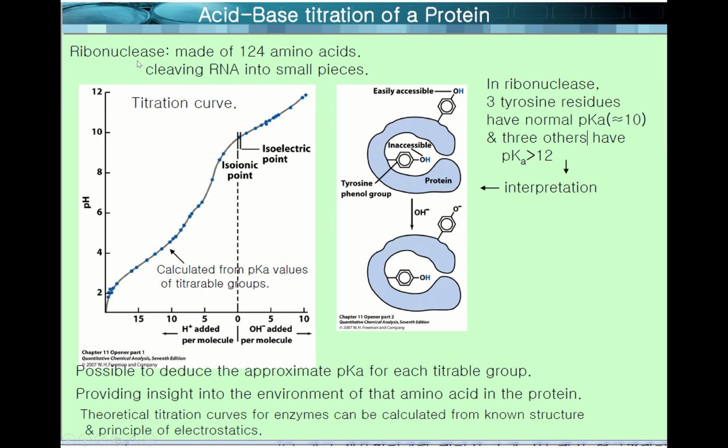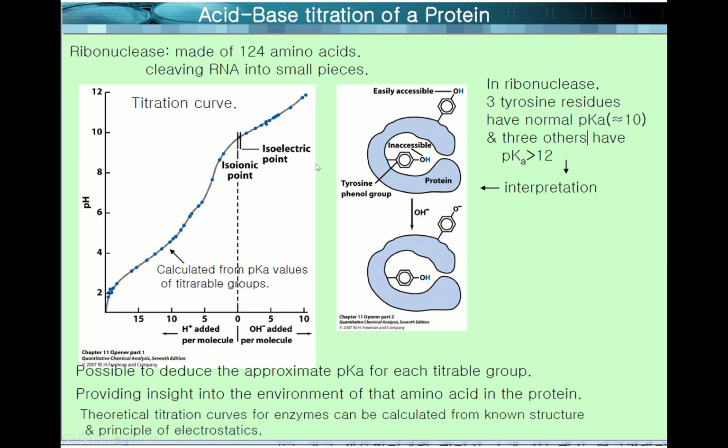This is a protein made of 124 amino acids. The function of this enzyme is to cleave RNA into small pieces. And very surprisingly, this kind of protein could be studied by acid-base titration.